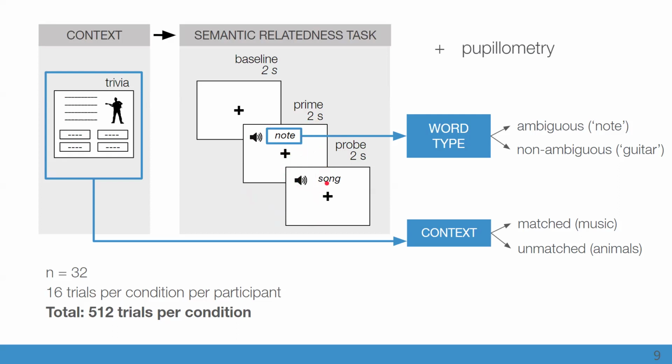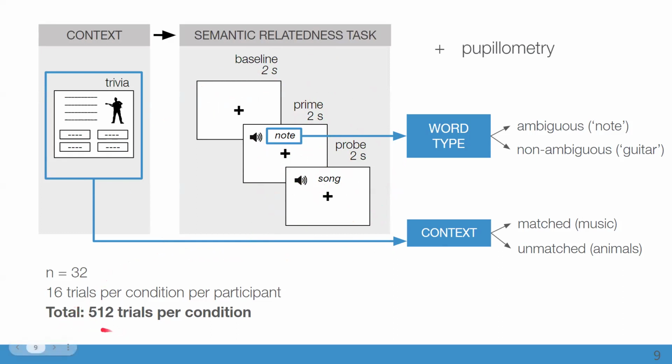And this is important because we didn't want people to read the words because they would be moving their eyes, and we want to have clean pupillometry data. So we want the eye to be fixed in a place. So that's why this protocol is auditory and not written.